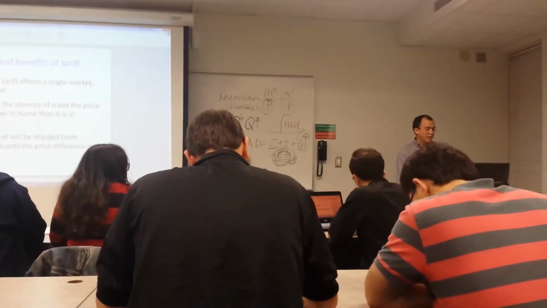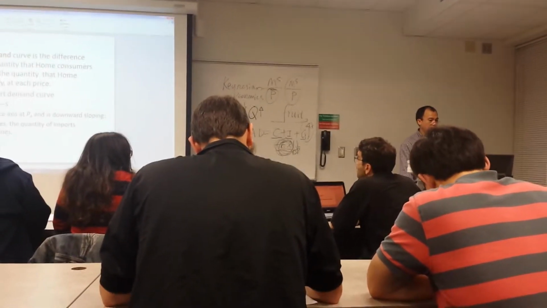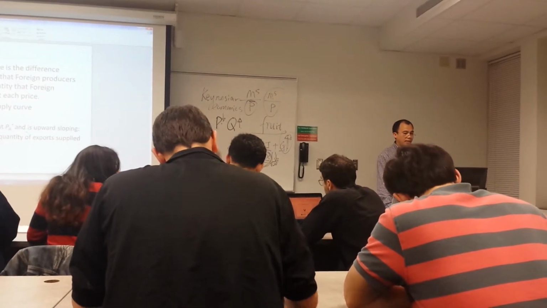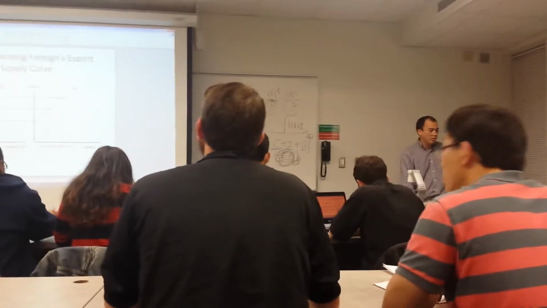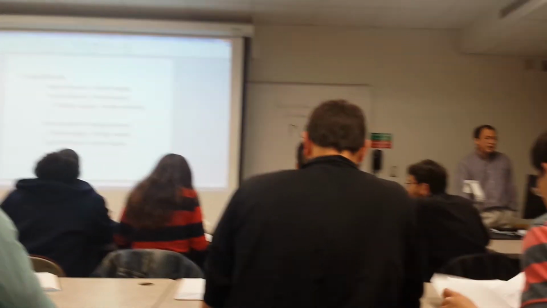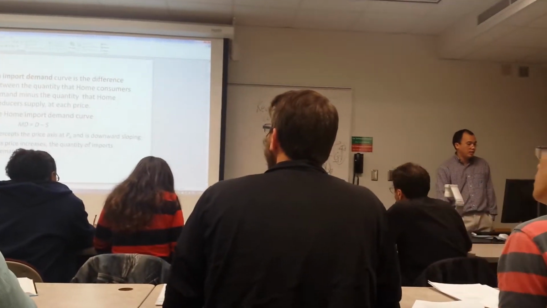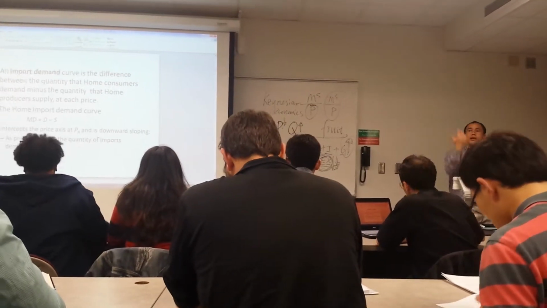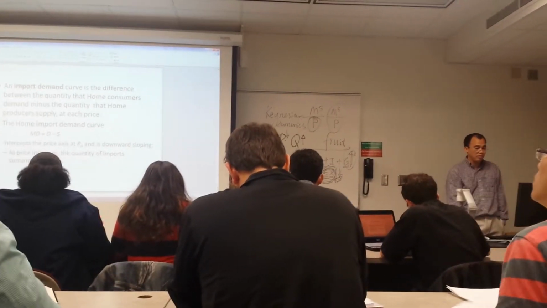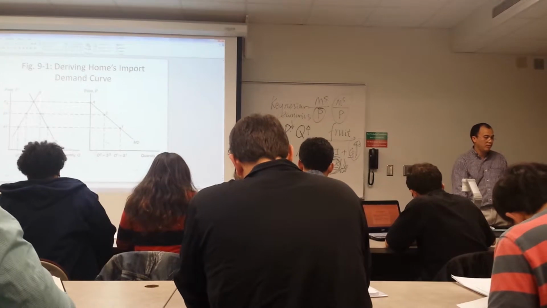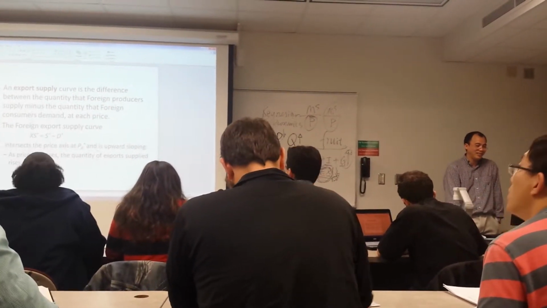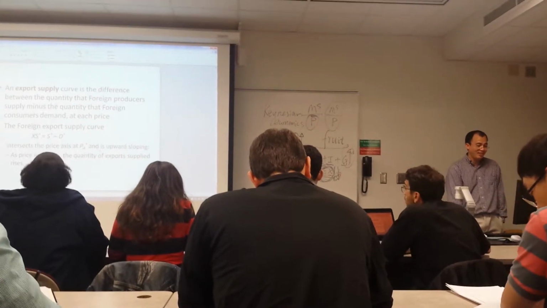You need to understand the features of the input demand curve, whether it has positive or negative slope, and for the export supply curve, whether it has positive or negative slope. That's very easy.